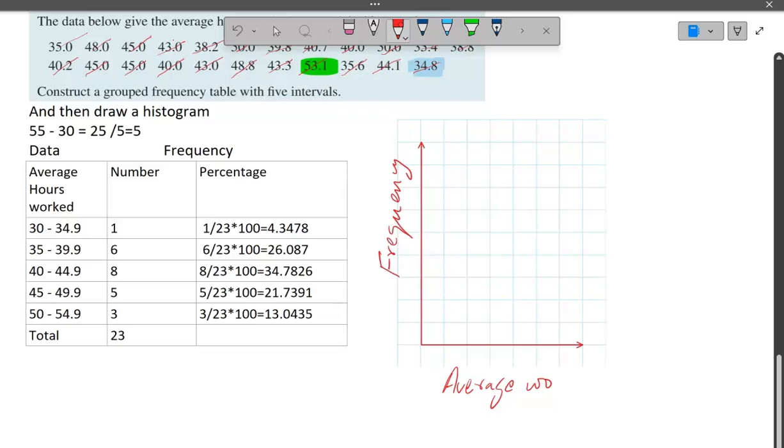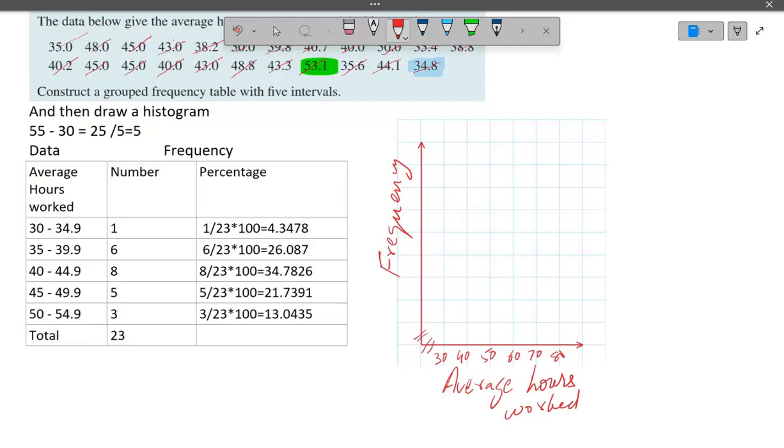Okay, so this is my 30, this is 40, this is 50, this is 60, this is 70, this is 80. Now you can start from any number, and usually you can break the line there, so I can start from any number. The second one I don't want to break because it's going to be 1 2 3 4 5 6 7 8, because the maximum number here is 8.